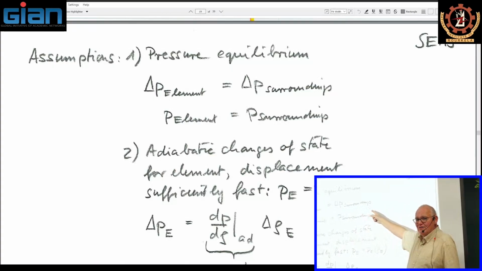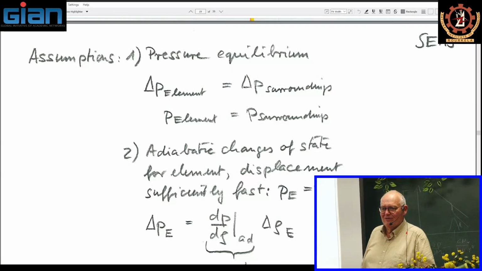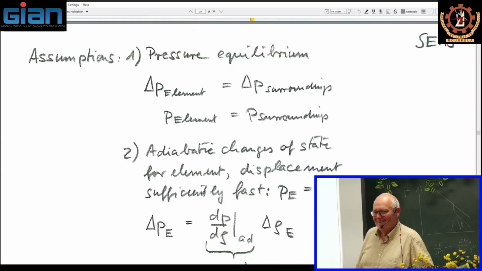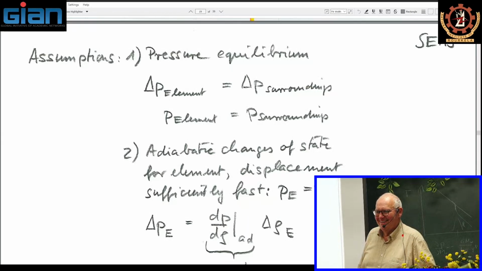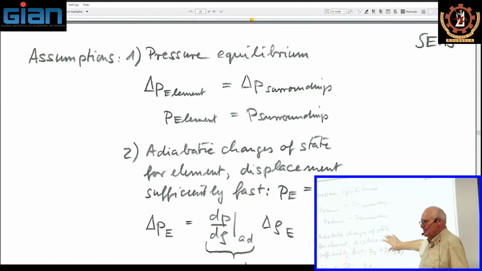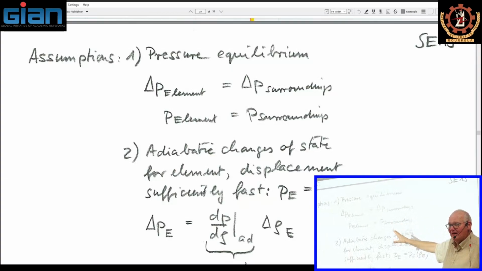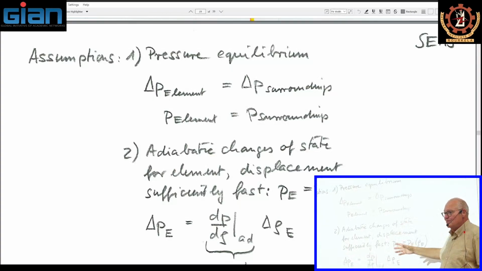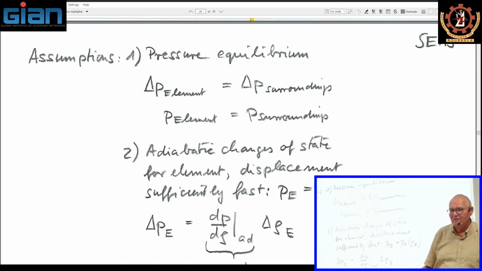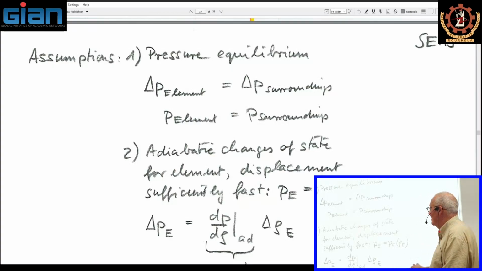What is required for the element to be in pressure equilibrium with its surroundings? Here it should proceed slowly. Otherwise, if it proceeds fast, then we have accelerations, and then we do not have mechanical equilibrium, pressure equilibrium for the element.